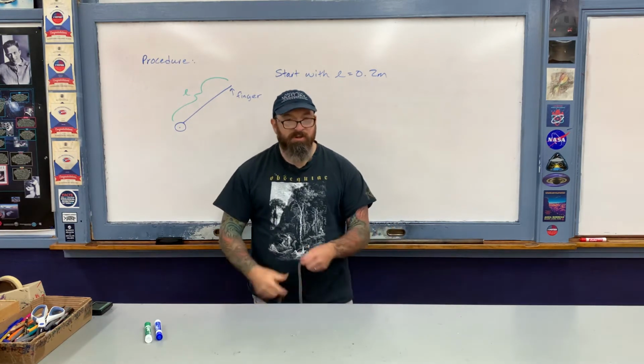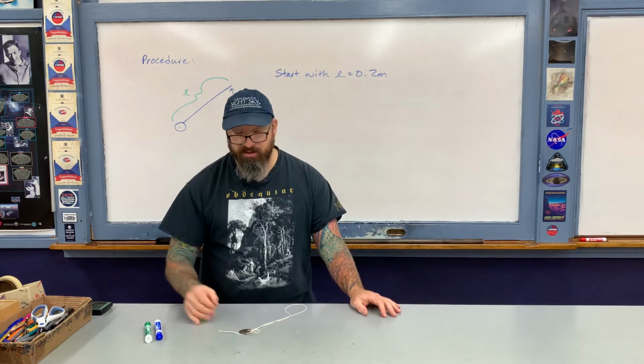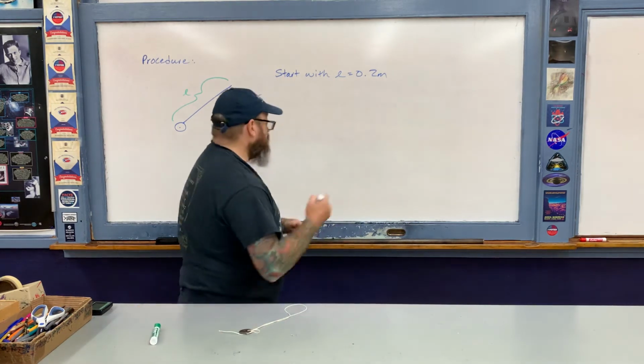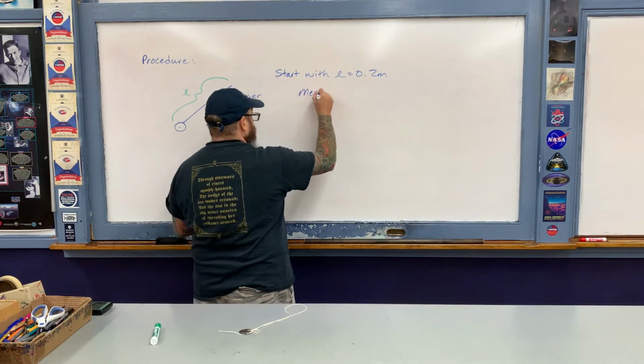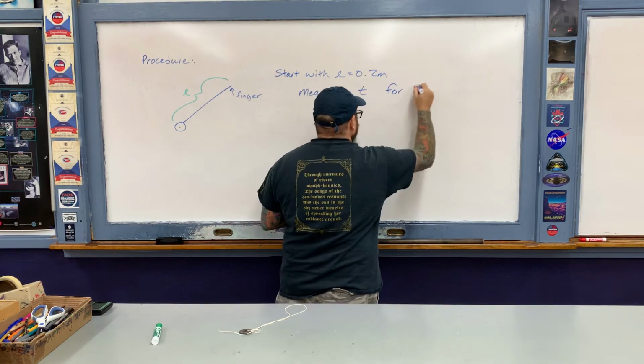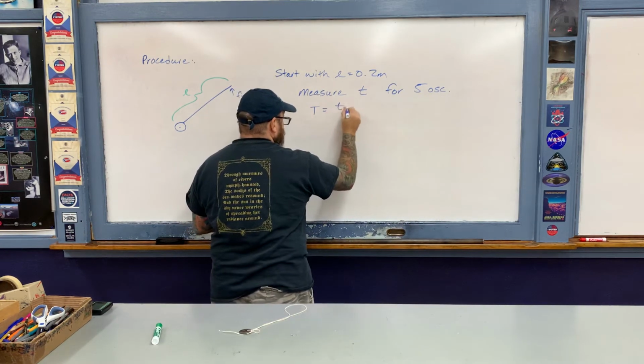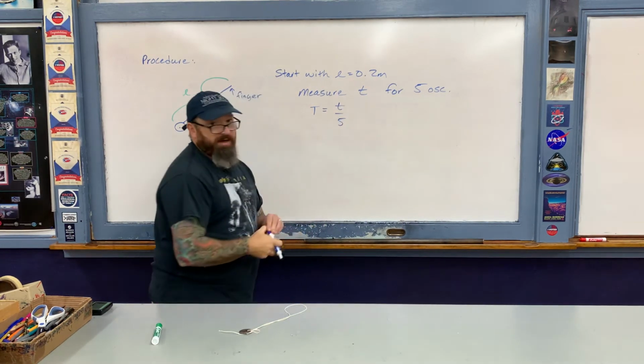Like so, for a total of 5 oscillations. Make sure to count 5 oscillations and not accidentally 4 or 6. We're going to call that time small t. So measure the time small t for 5 oscillations, and then from there big T, the period, is equal to that time divided by 5.